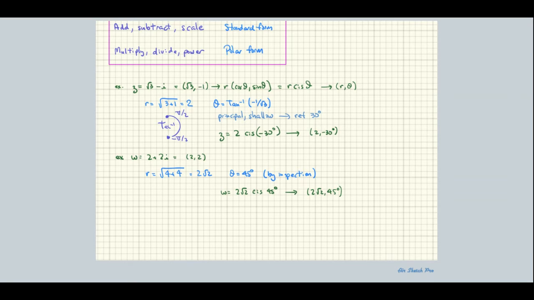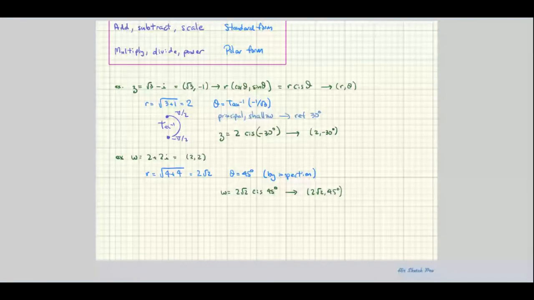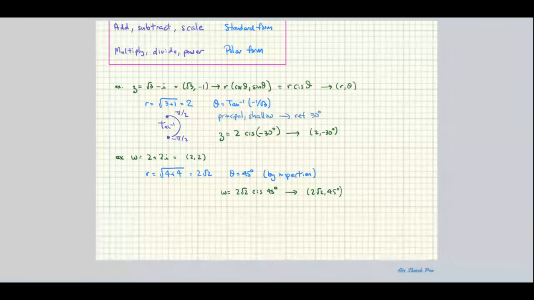To keep things simple, I'm just keeping it with degrees right now. Now, negative 1 over root 3, I think of its reference angle. The reference angle for 1 over root 3 is going to be 30 degrees. The fact that we're at negative 1 over root 3 means we're in the bottom half, quadrant 4, negative 30 degrees.